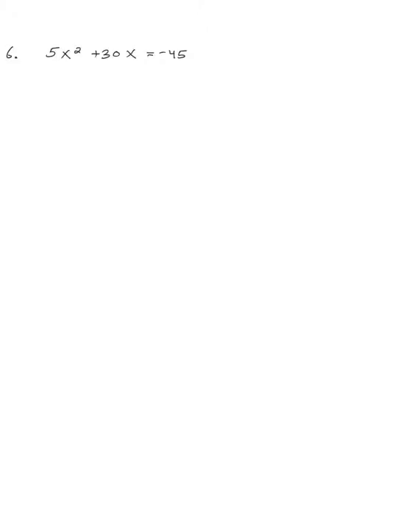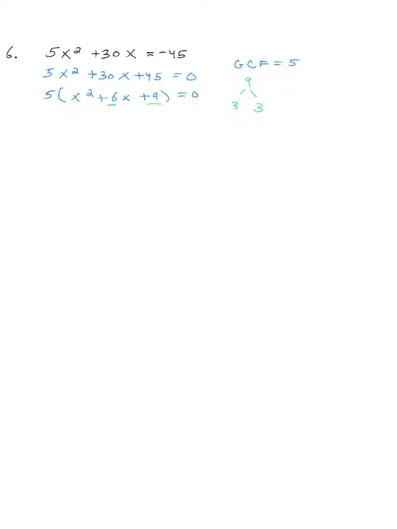Again, I'd like to set this equation equal to 0 simply by adding 45 to both sides. And there's definitely a greatest common factor of just 5 that can be factored out. I'm left with x squared plus 6x plus 9. And I want factors of 9 that add to 6, which would have to be 3 and 3.